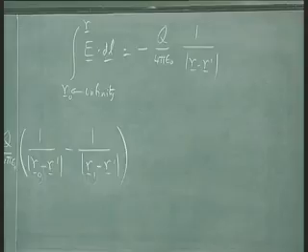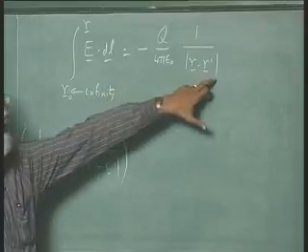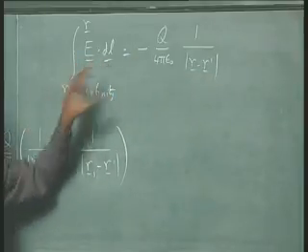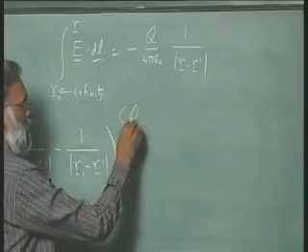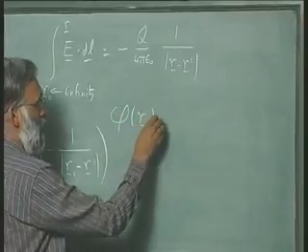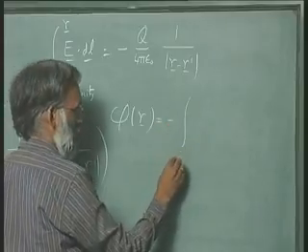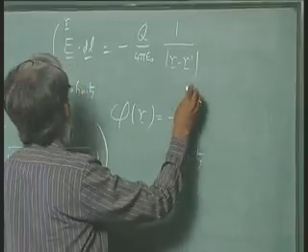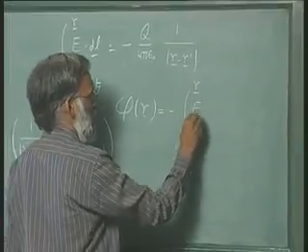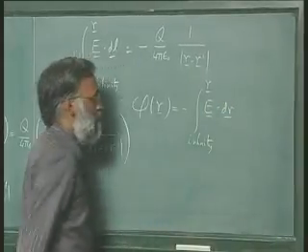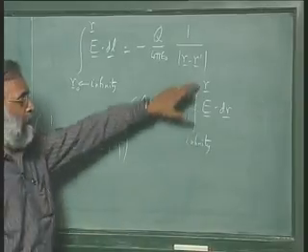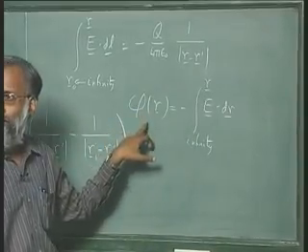What this means is that we can again define a function, a scalar function, which is derived from the electric field. So, we will define potential phi of r, which is equal to minus the integral from infinity to r of E dot dr. However we come from infinity to r, this answer will be unchanged.